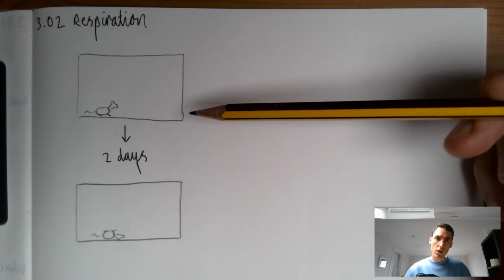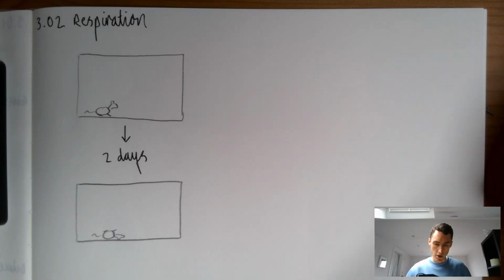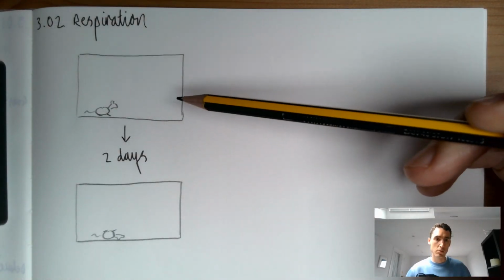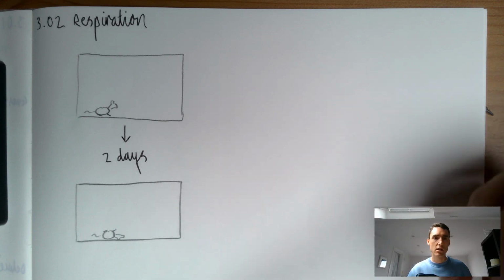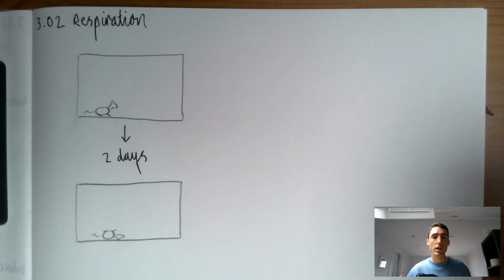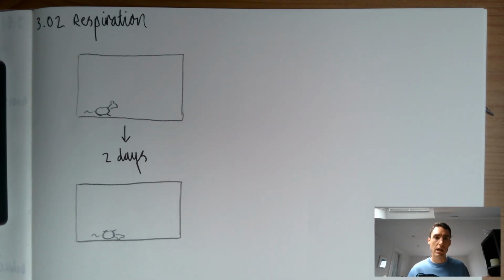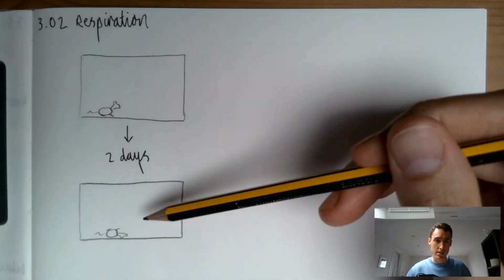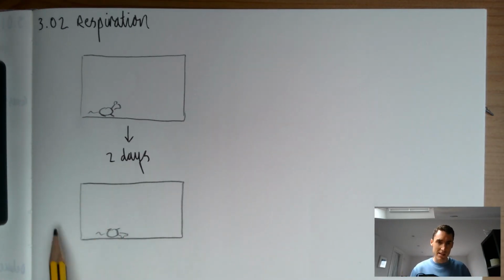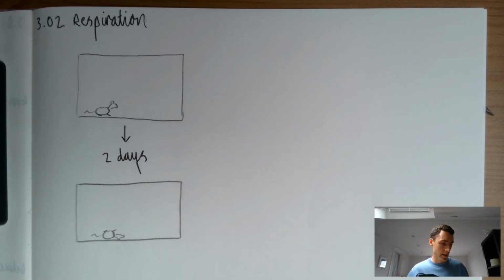And the conclusion that Lavoisier drew from this experiment is, well, okay, if you leave a mouse in a sealed box for 2 days and then it dies, what that's saying is there's something in the air that we're using that's essential for life. And if after 2 days the mouse dies, well, that means we've used it all up. So what this is saying is there's something essential to life in the air that we breathe.